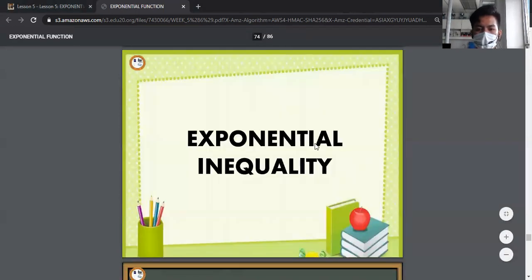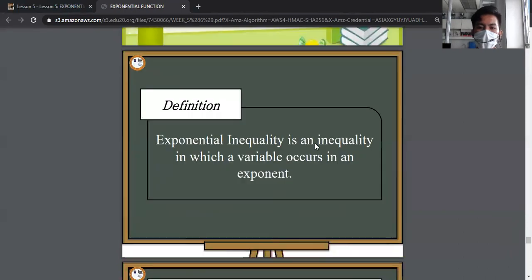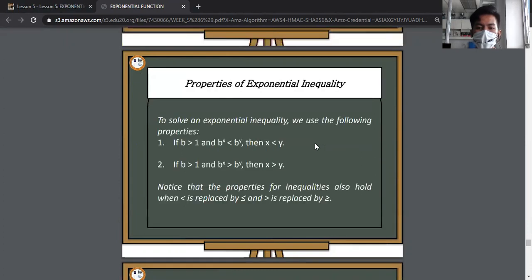So, exponential inequality is an inequality in which a variable occurs in an exponent. To solve an exponential inequality, we use the following properties. If b is greater than 1 and b raised to x is less than b raised to y, then x is less than y.